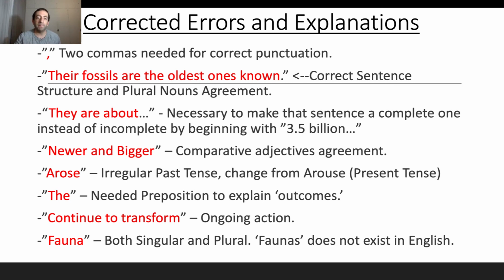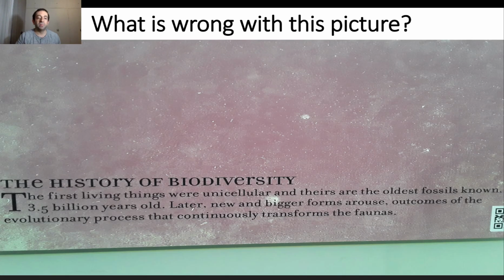So there's a lot to unpack. Definitely pause the video if you need to write this down or see how I made the changes. So let's go back. You have: The first living things were unicellular, and theirs are the oldest fossils known, 3.5 billion years ago, billion years old. Later, new and bigger forms arouse, outcomes of the evolutionary process that continuously transforms the faunas.